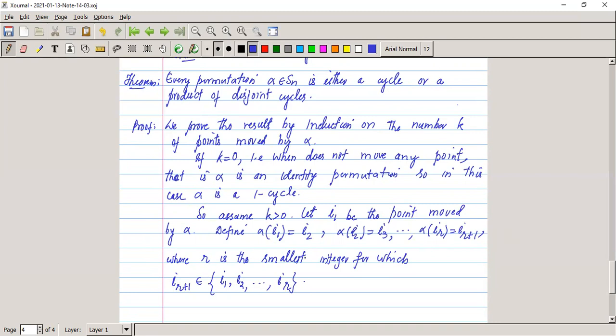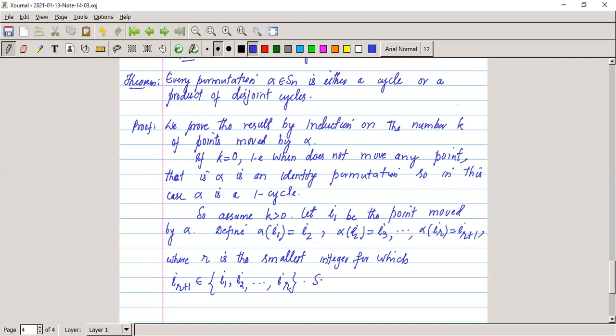We are able to choose this R to be the smallest integer for which IR plus 1 belongs to the set, and it comes from the fact that the symmetric group Sn has been defined on a set that contains n elements only. So the list of numbers I1, I2, up to IR plus 1 must eventually have a repetition, because the set X on which the symmetric group Sn has been defined is a finite set containing only n elements.